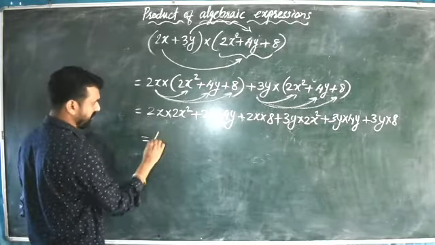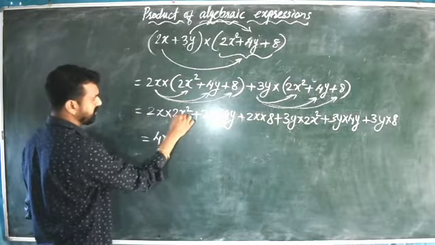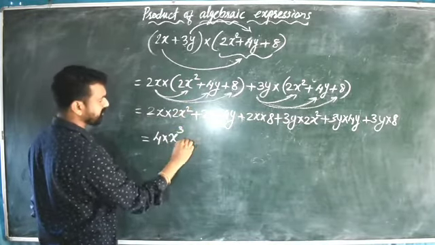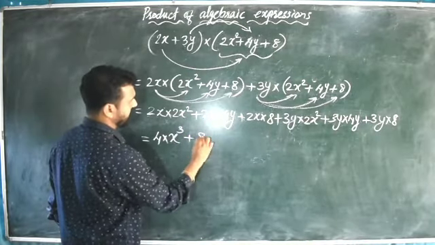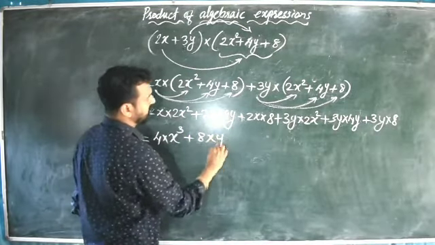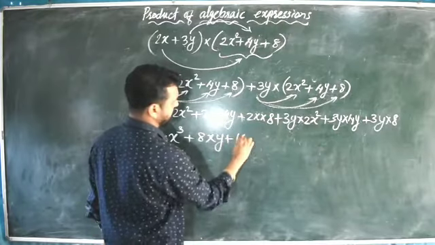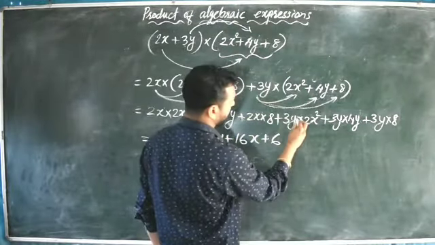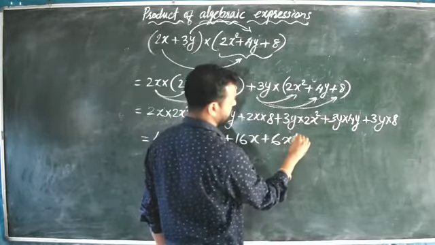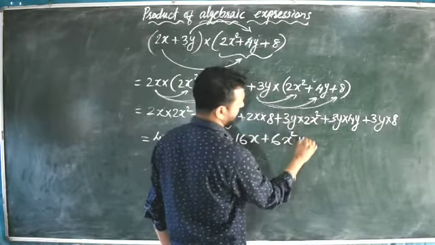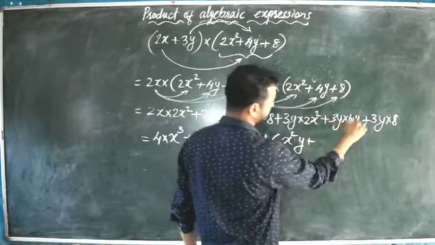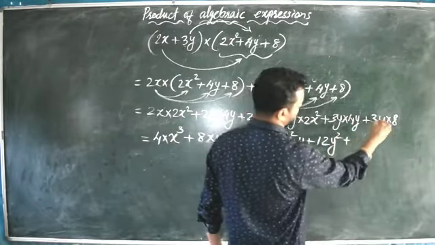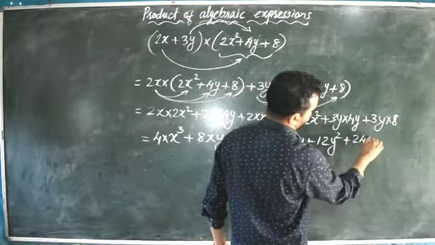2 2s are 4 into x square, x raised to 1 plus 2, that is 3, plus 2 4s are 8 x y, plus 2 8s are 16x, plus 3 2s are 6 y into x square. X we will write first, that is x square y, plus 3 4s are 12 y into y square, plus 3 8s are 24 y only.